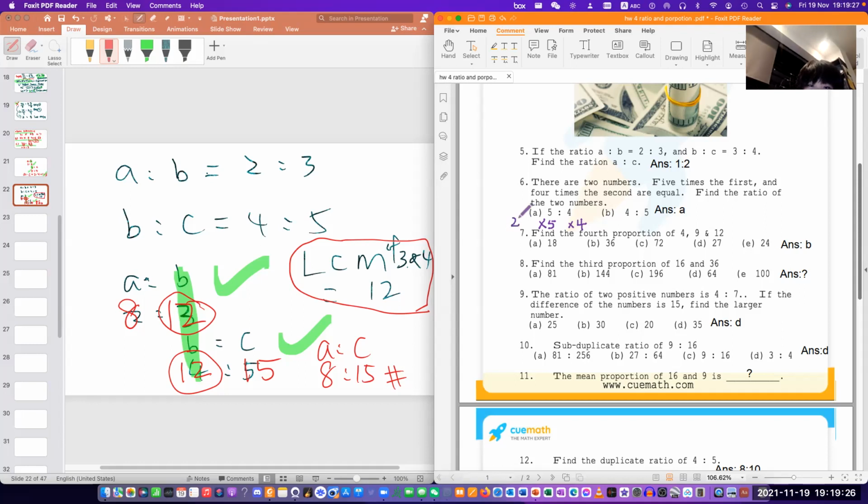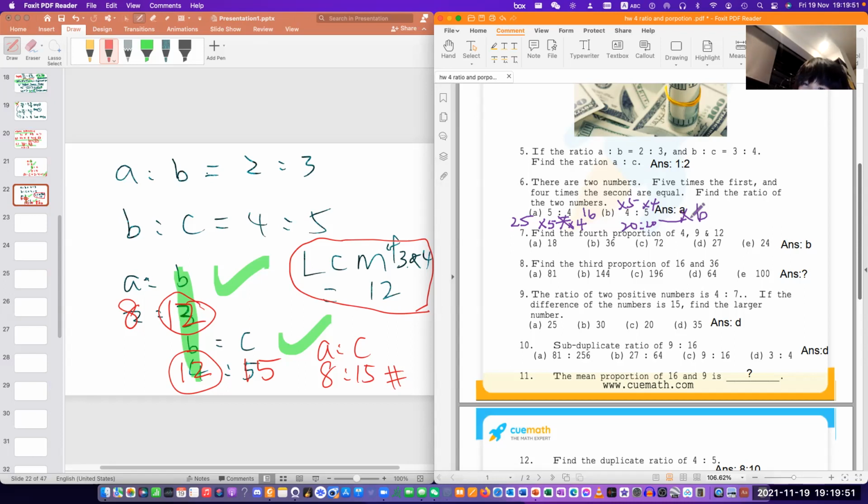Over here is 25, over here is 16. So 25 is not equal to 16. How can your answer be A? Yeah, the answer should be B, because you times 5 here and you times 4 here, you will end up with 20 to 20. So the answer should be B instead of A. I thought this question is pretty simple, and you got it wrong.